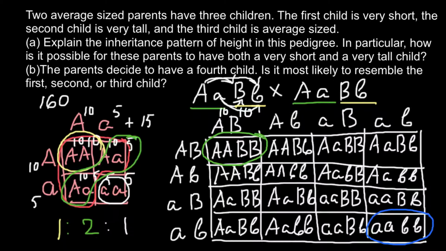So plus 40 centimeters here, we would have someone who is going to be 2 meters tall, and here we would have someone who is going to be 170 centimeters, for example. This is just an example.